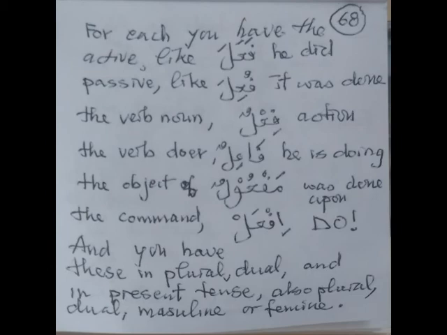And like the first verse of the Quran, you command him to read, you say iqra. And you have these in plural. You have it in dual, and you have it in present tense, also plural. Dual, masculine or feminine, all those different conjugations. And this is just to give you an overview.